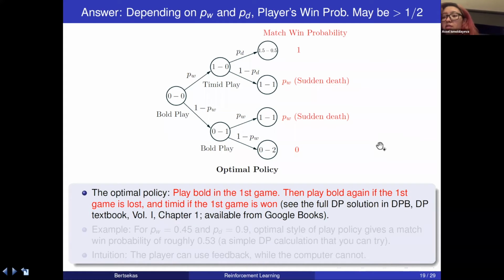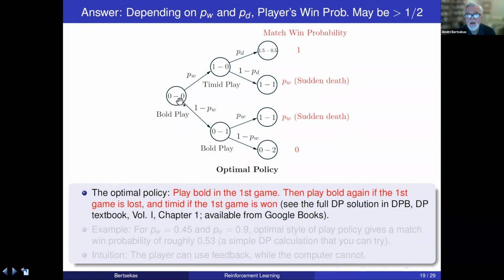And then you play bold in the first game, but if you lose, then the score is tied. And I'm sorry, if you lose, then you have to play bold again, aiming for the chance to tie, and then to play sudden death. So it's pretty clear that you start with bold play, and there are 2 possibilities.